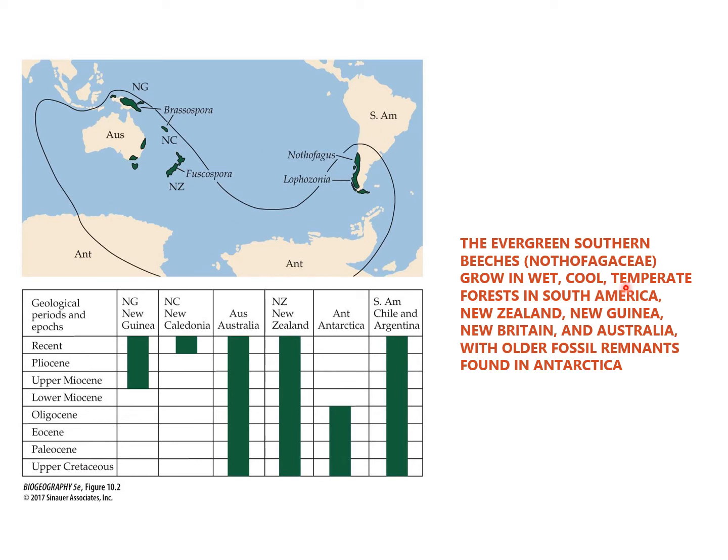They grow in wet, cool, temperate forests of South America, New Zealand, New Guinea, New Britain, Australia, and fossil remnants are found in Antarctica. You're seeing the total distribution here, which is where all the fossils have been found, in this outline, and then in the shaded regions you're seeing the disjunct populations.